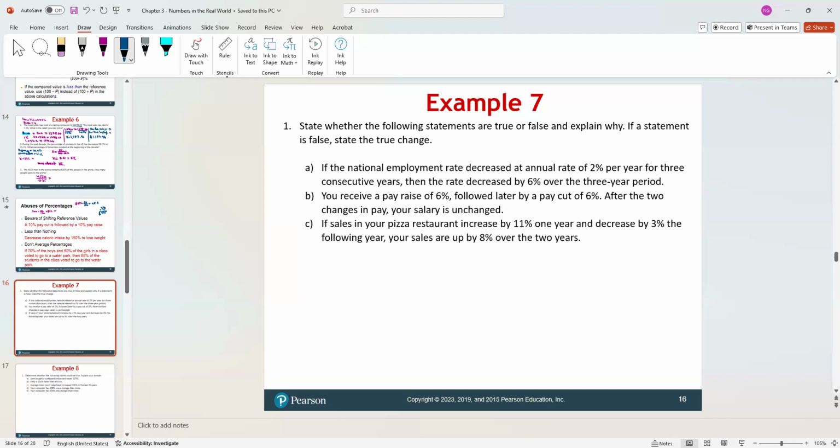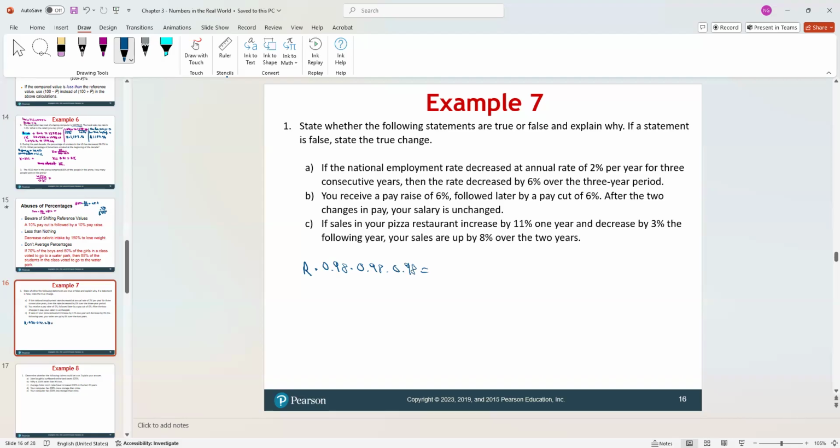No, that's not true. That's totally false. That's abuse of percentages. That's the same thing I said about raise, cut 10%, add 10%. So it's false. If the national unemployment rate shrank at 2% annually, every year you need to multiply what you have left by 0.98, then 0.98, then 0.98.